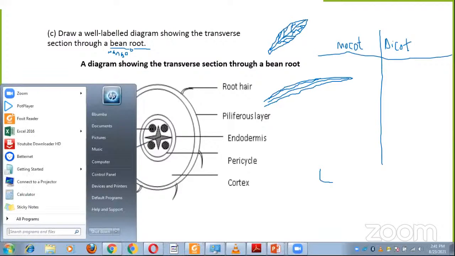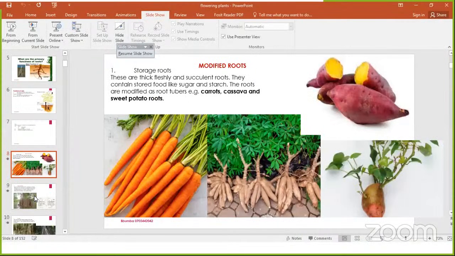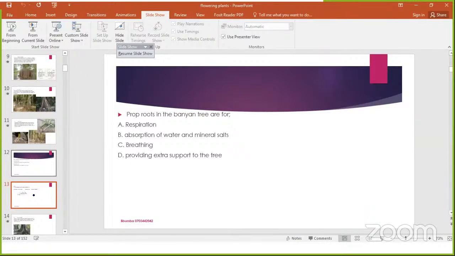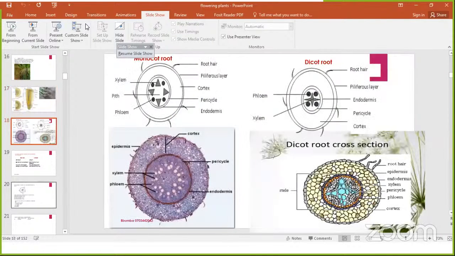For those who have forgotten, let me show you what I showed these people. Let me first make a slideshow here from current.